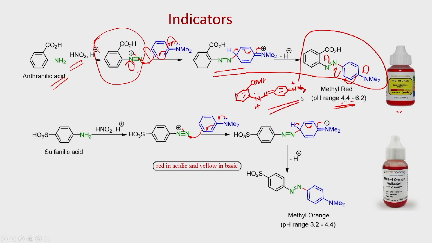So it depends upon the pH of the reaction. When you have the range between 4.4 to 6.2, you get red. So this basically we use as a pH indicator.